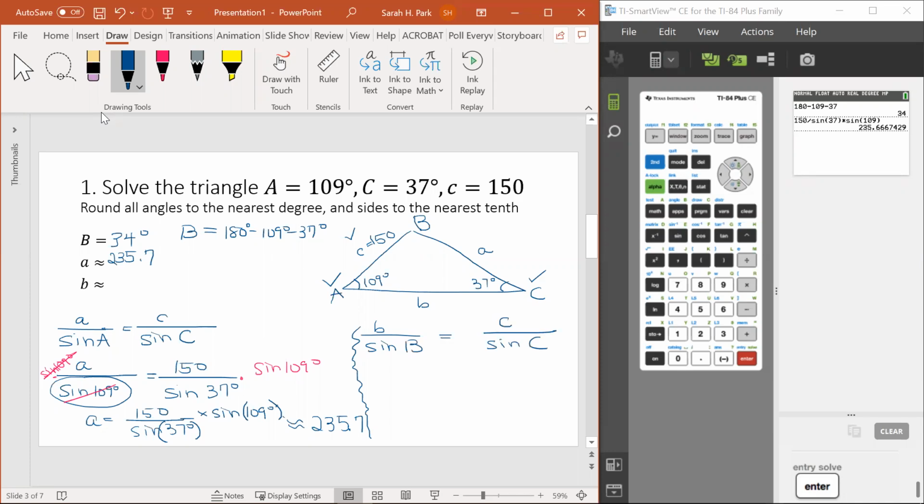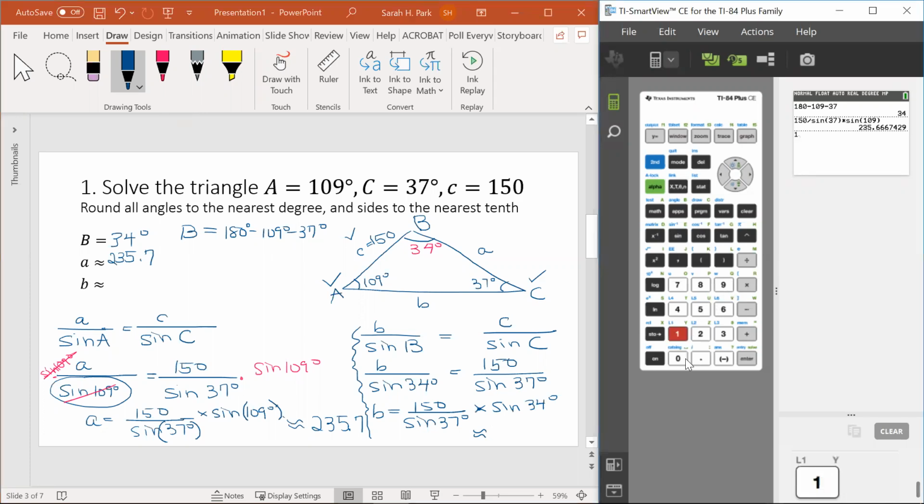So b we don't know. Sine of B, because we know B now, remember we said B was 34 degrees, so let's put that in. b over sine of 34 degrees is equal to c, which is 150 units long, over sine of C, which is sine of 37 degrees. So we do it the same way. So b is equal to 150 over sine of 37 degrees times sine of 34 degrees, and that'll give us the length of side b.